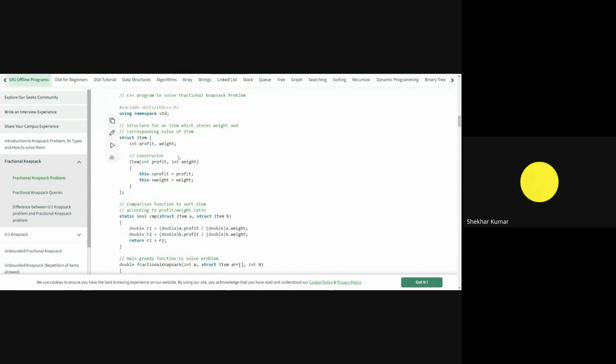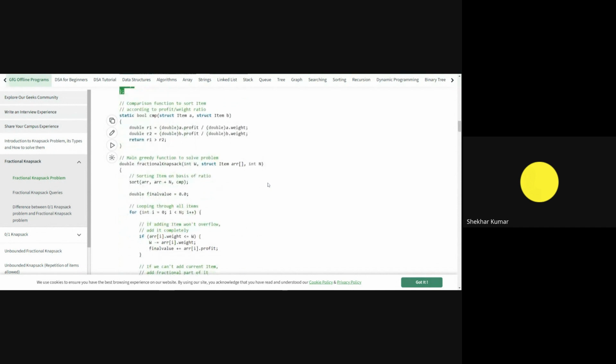Now this is your structure part. It will take a maximum of n time because we are assigning the value and the profit in the structure of size n. According to the knapsack problem, here we find the profit and weight ratio.